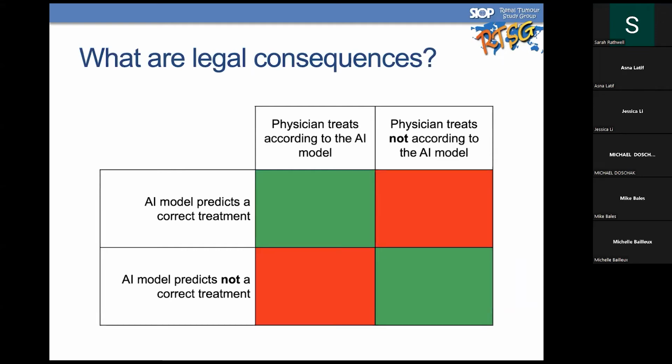When we have set up an AI model, then the question comes up of trusting the AI model. And the question we have here is, is the AI model predicting a correct treatment, yes or no?